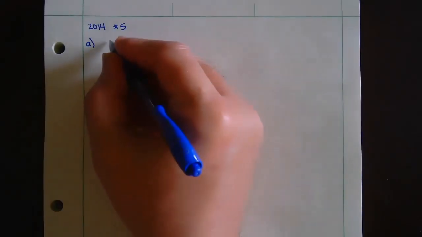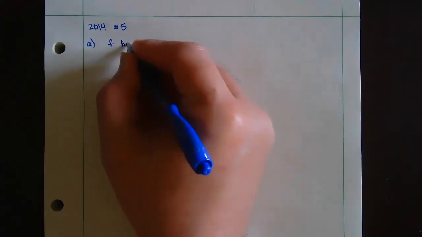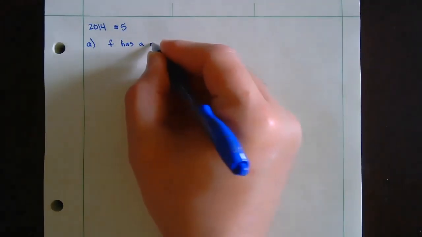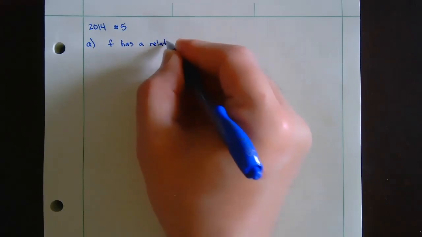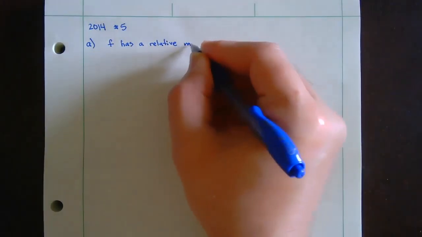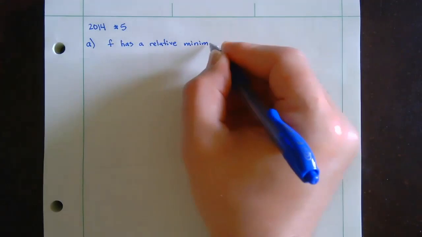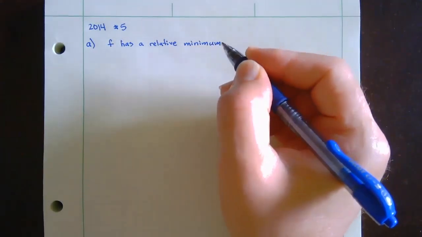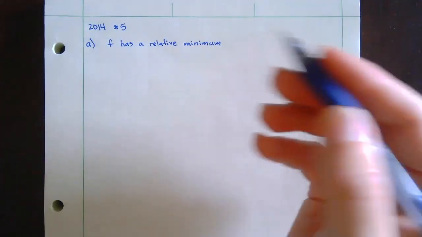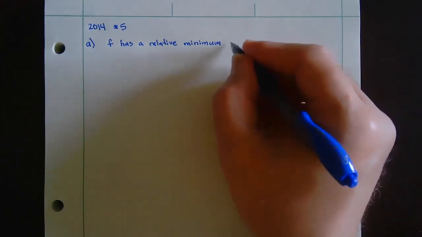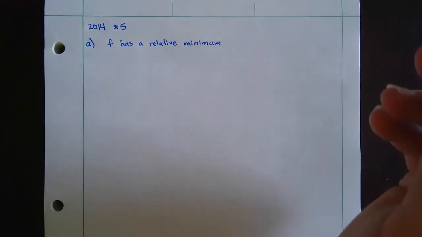So we would say F has a relative minimum, and we could actually say it, okay? No, you know what? It just said find the x coordinate, right?